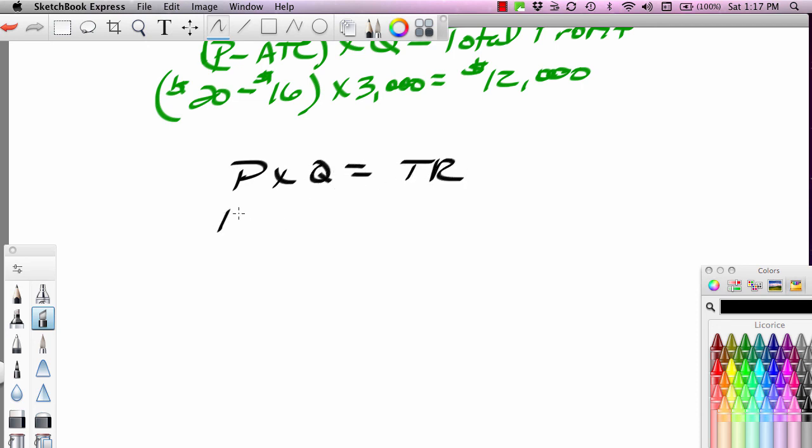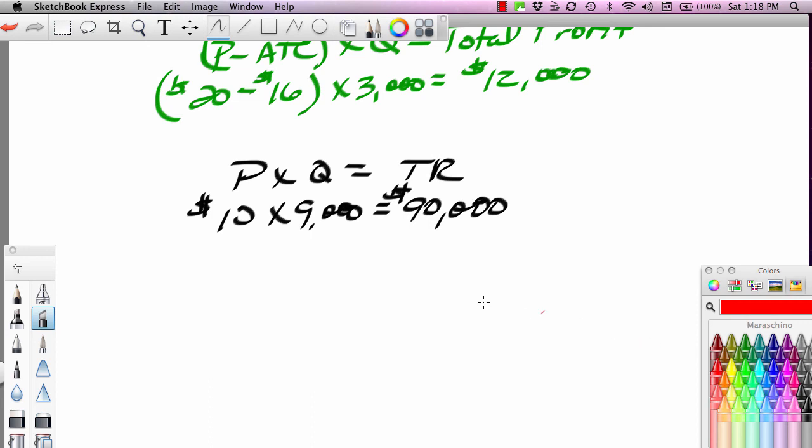So when the price was 10 and the two firms were selling 9,000, total industry revenues were 90,000. This could be 90,000 a week, a month, a year, whatever it is. When the two firms jacked up their price to 20, their sales dropped to 6,000, right?